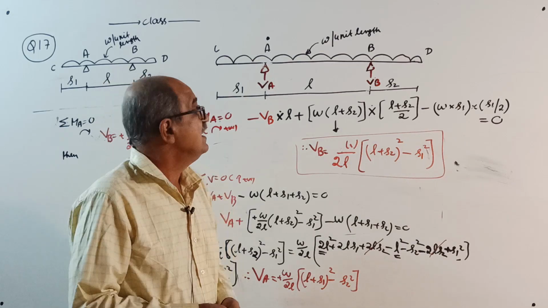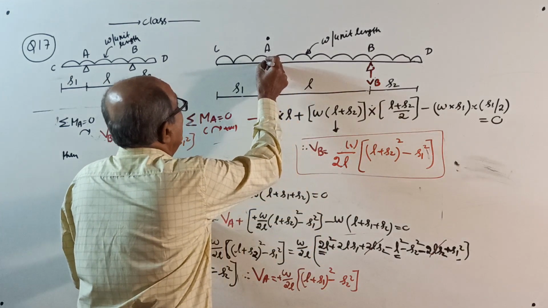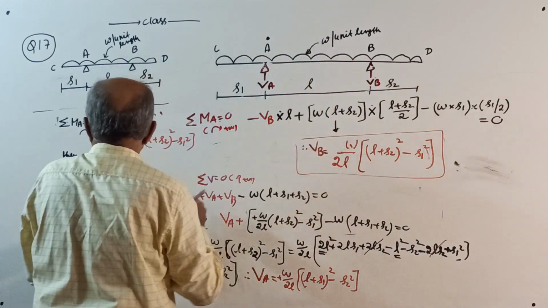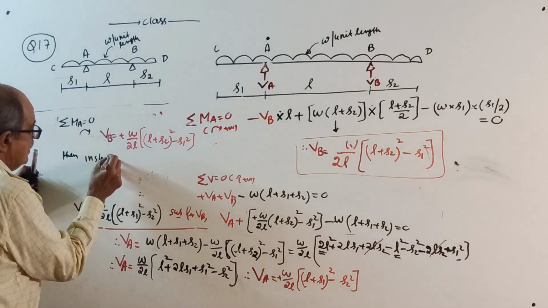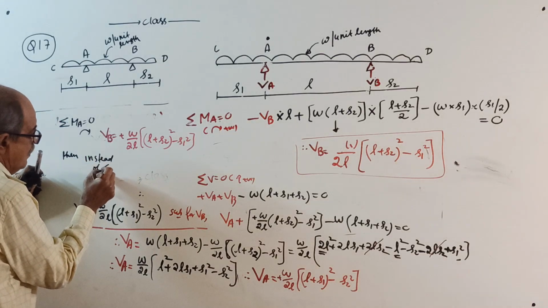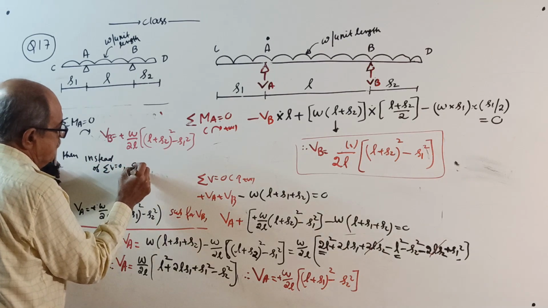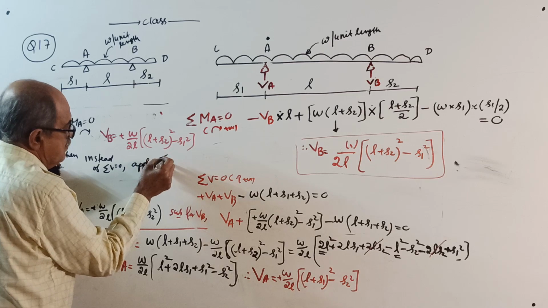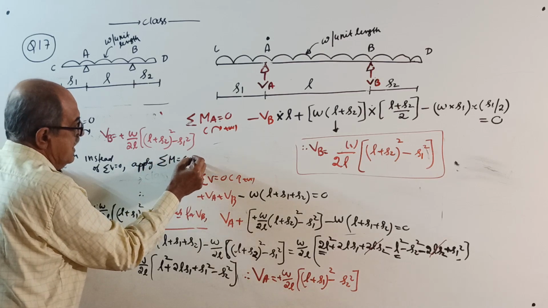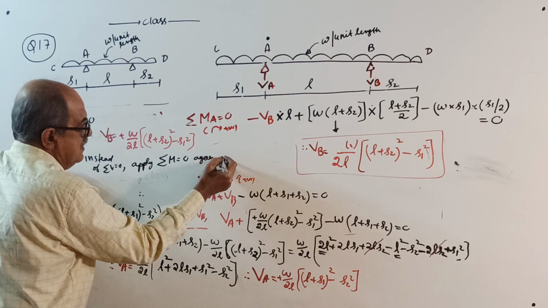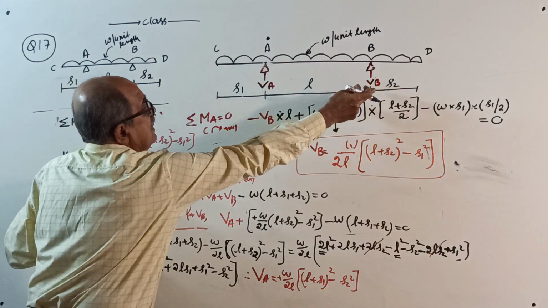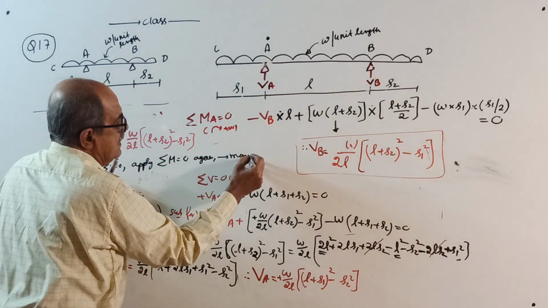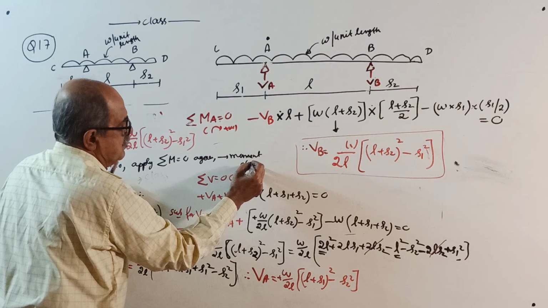Therefore, you can do one thing. Take moment about A, get VB, and then instead of sigma V equal to 0, apply sigma M equal to 0 again by taking moment about B. Because if you want VB, you take moment about A, and by taking moment about which point?